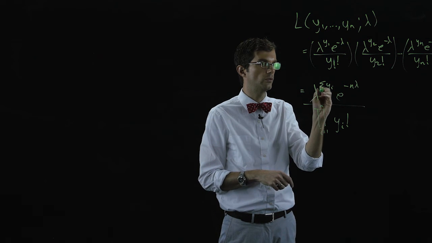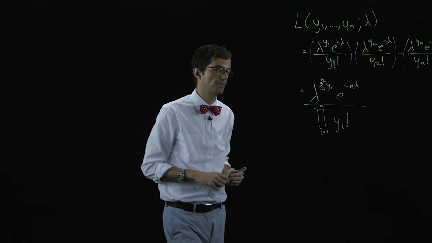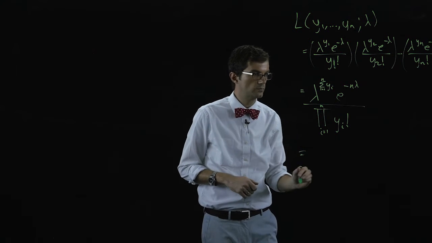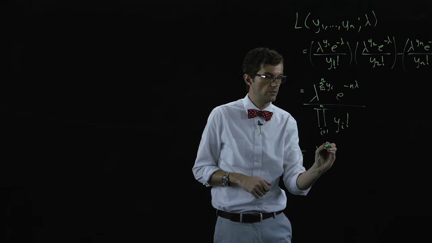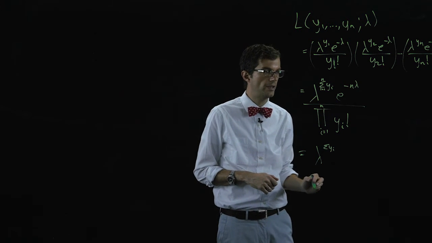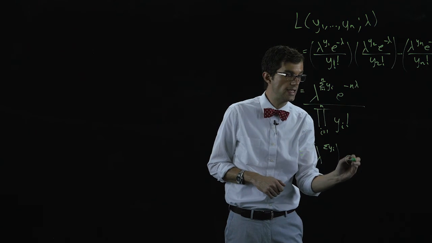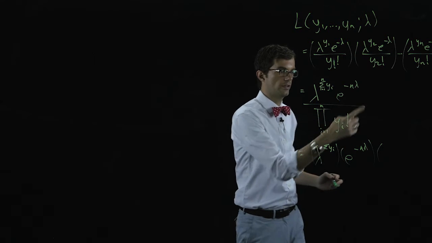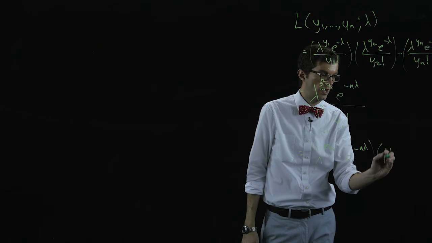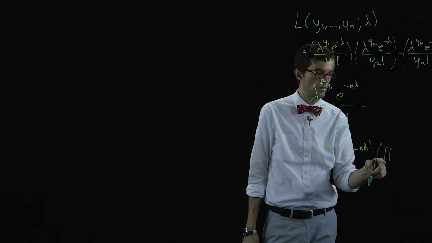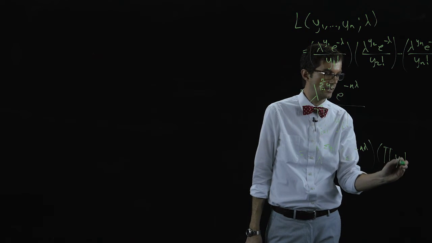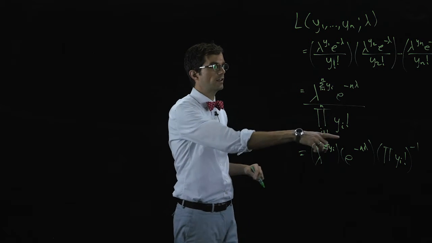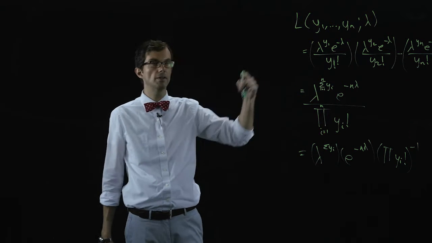And then we could rewrite that, just so we're clear, as lambda to the sum of y sub i's multiplied by e to the minus n times lambda multiplied by, let's put this up here, the multiplicative sum of y sub i factorial raised to the negative 1. Okay? So now let's take the natural log of this so we can ultimately take the derivative.